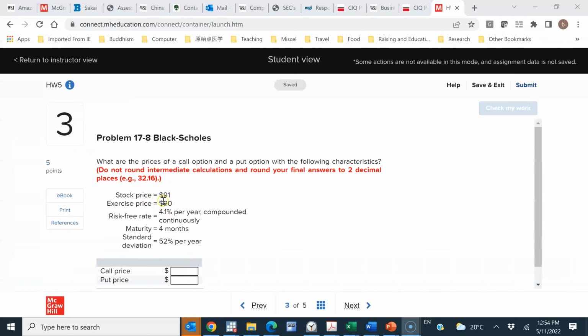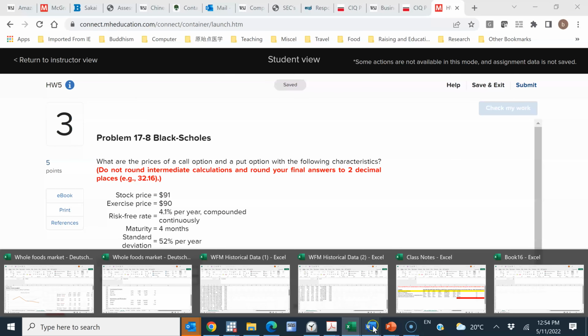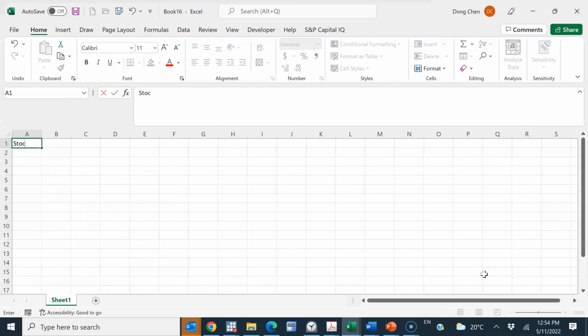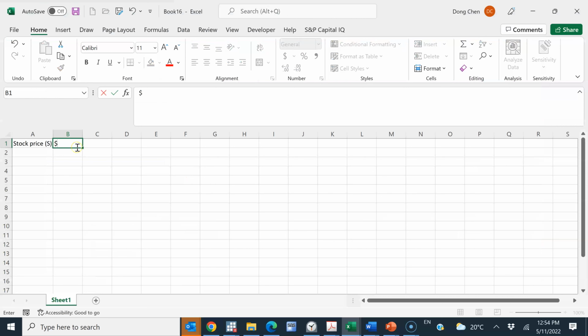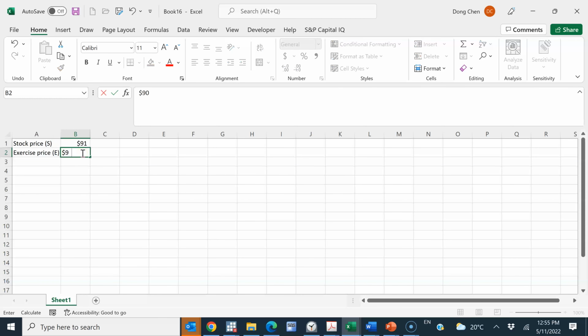And starting from the stock price, that is the S here. So this is $91 per share. So just put that number down. And exercise price, this is capital E. So the price here is $90.